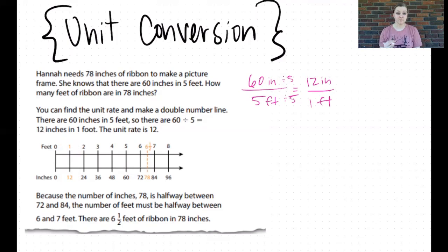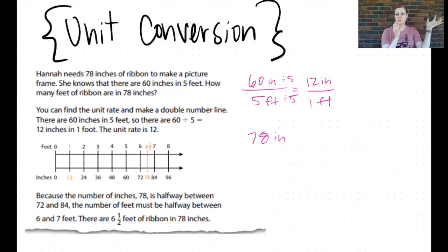Now we're going to use that information. It says, well, how many feet are in 78 inches? If I know that there are 78 inches and I'm trying to go from inches to feet, there are more inches, 12 inches, than the 1 foot.